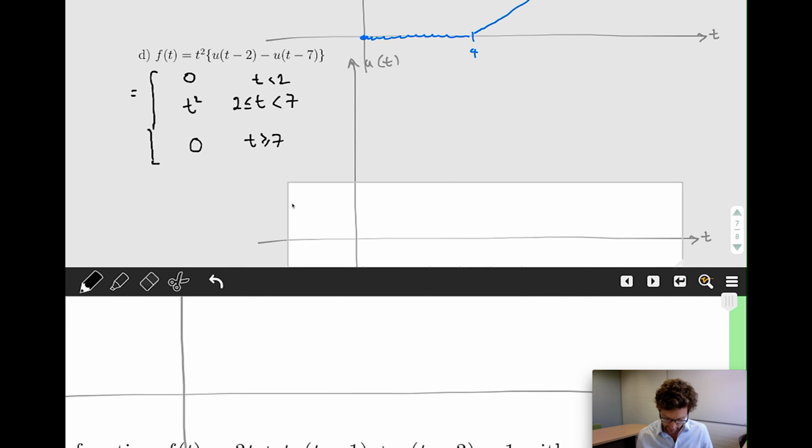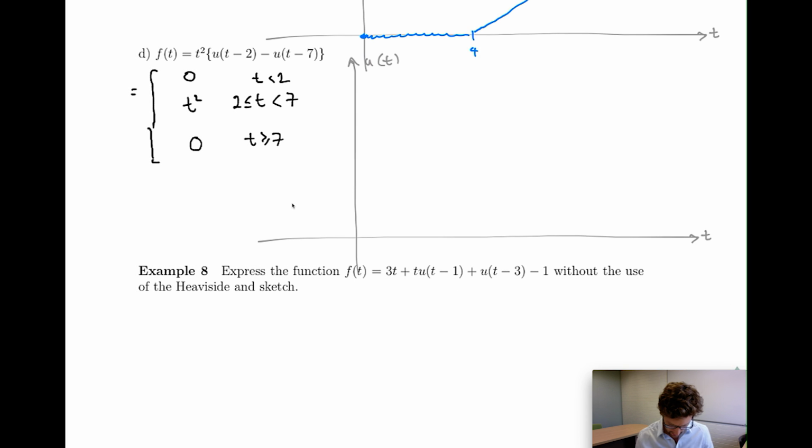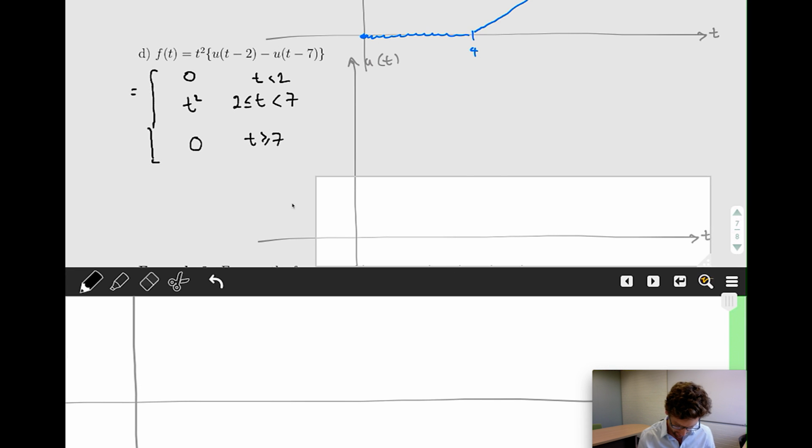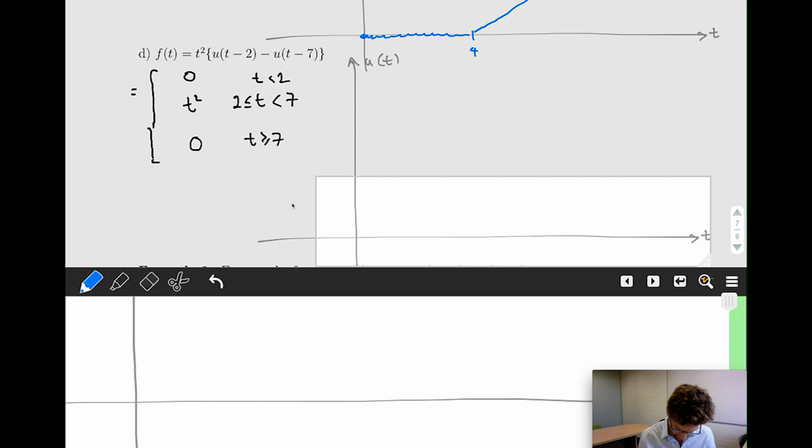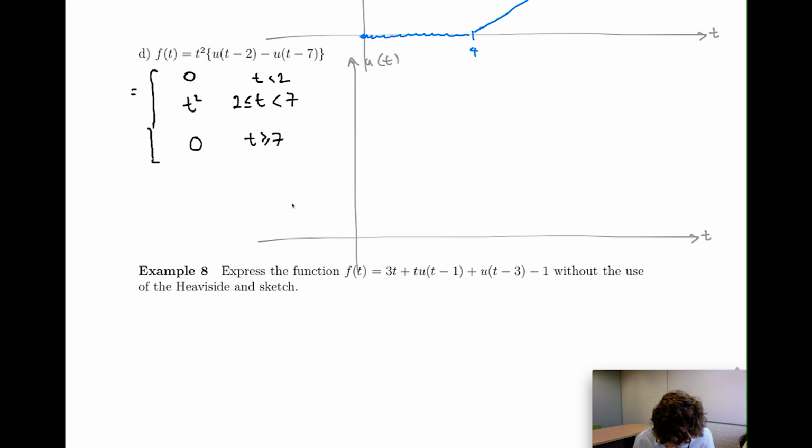So what I'm going to do when I sketch this thing is I'm going to sketch sort of in the background. Let's use a different color. It's going to be t squared. So this is my t squared growing with t.